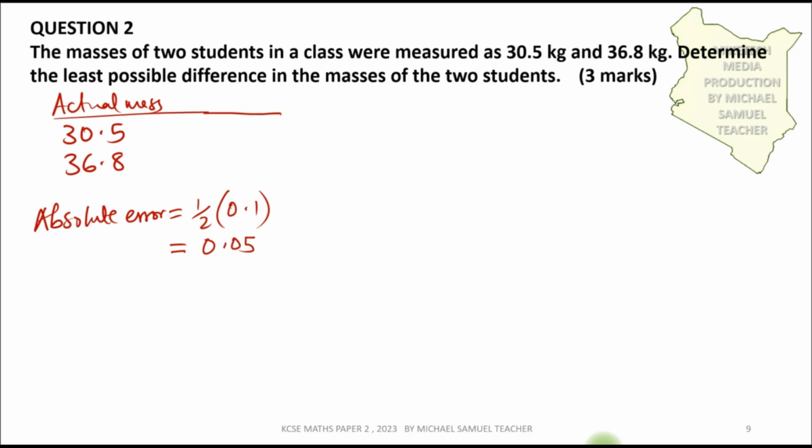Therefore, from what we have, we can get the lowest mass, and also the highest mass. Lowest mass, we get 30.5 minus 0.05, so that will be 30.45. And for 36.8, the lowest mass will be 36.8 minus 0.05, which will be 36.75.